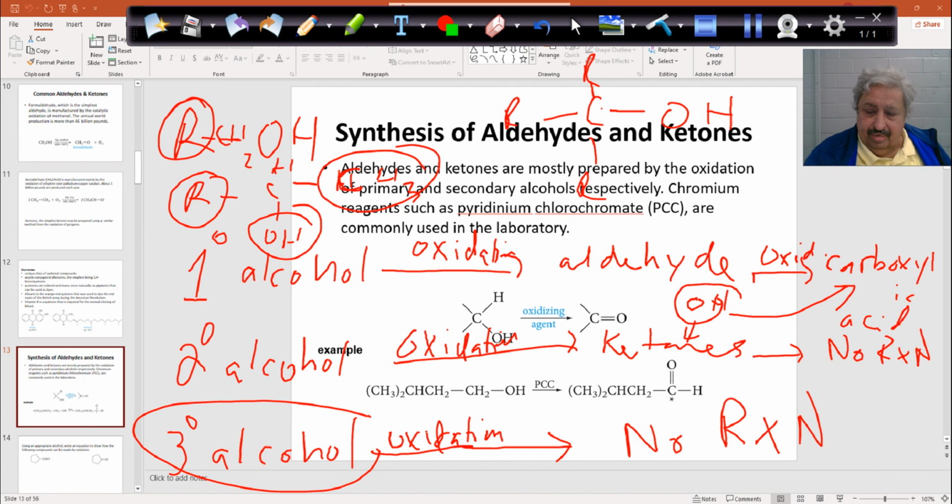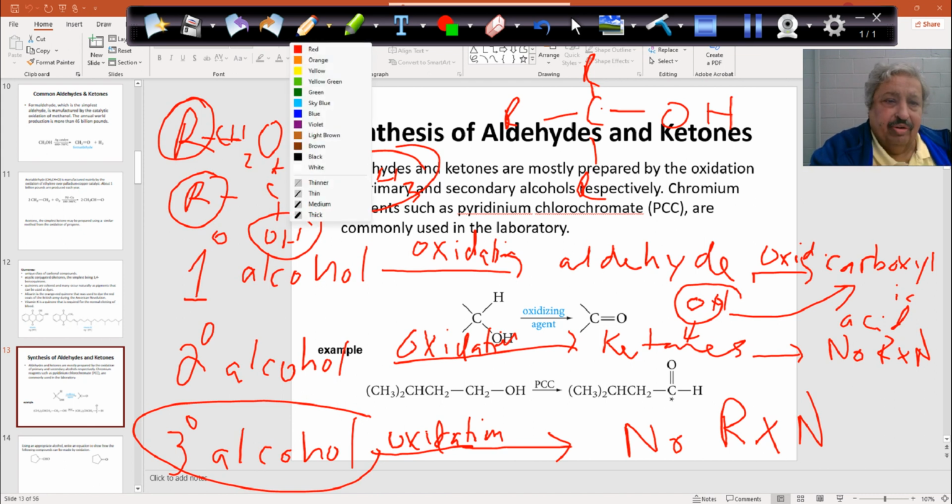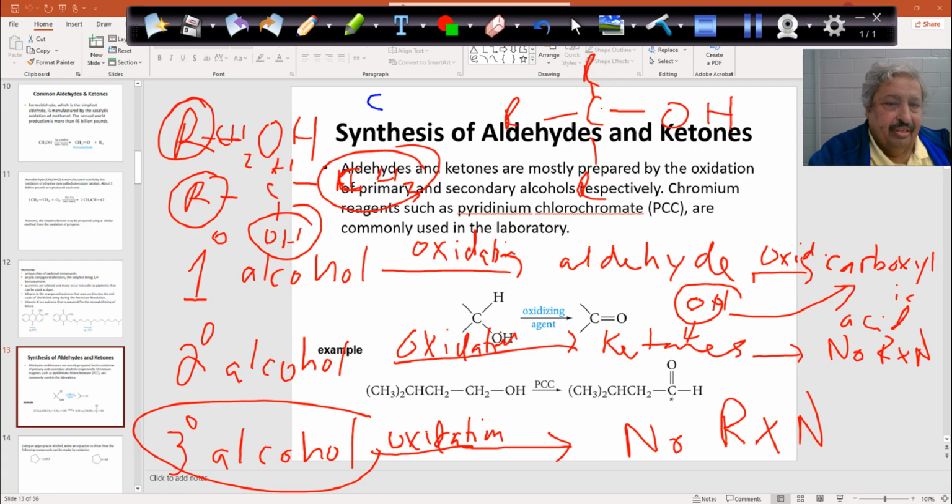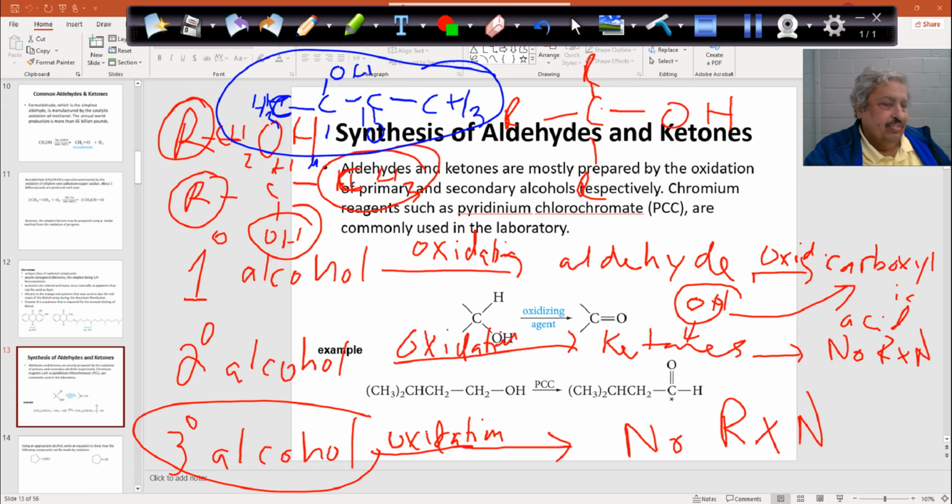Let me write it here, with other colors. So if I have a ketone, this is a ketone connected to C. The C has OH here, H or CH3, and then CH3. This type of ketone can be oxidized. But for the ketone by itself, the problem is the bulkier the groups hanging on the keto group, the keto group cannot move.